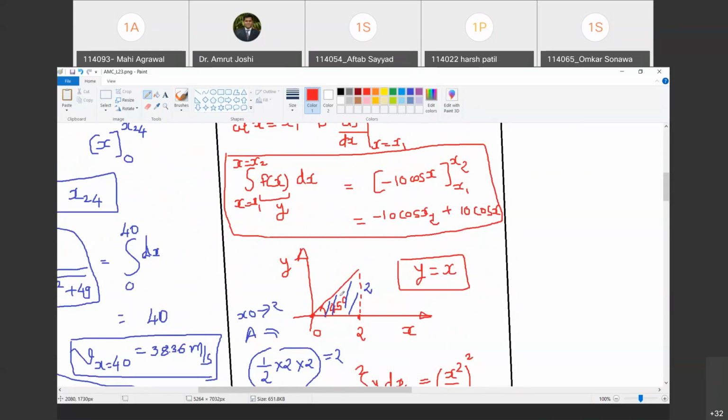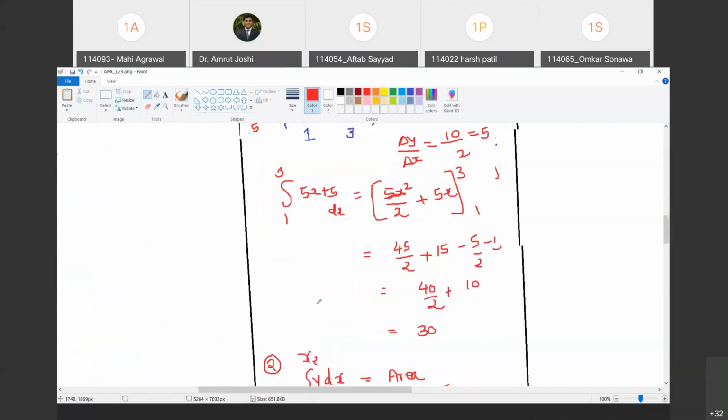Happy? Yes, sir. And what is the second interpretation? If there is a curve y as a function of x, and if I calculate the area under the curve from x equal to x1 to x equal to x2, that area is given by integration of y from x1 to x2 with reference to x. Are you with me? Yes, sir.